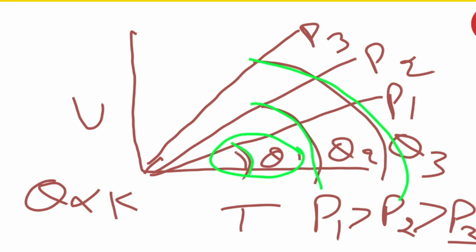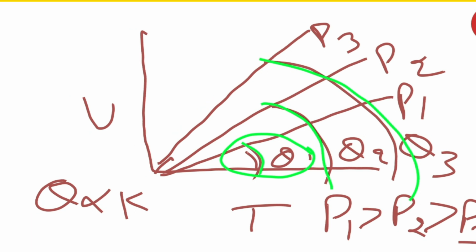And when K is less, then pressure will be more. That is why P1 is greater than P2 and P2 is greater than P3. You understood, all of you? This is all about Charles' law that we should know very well.